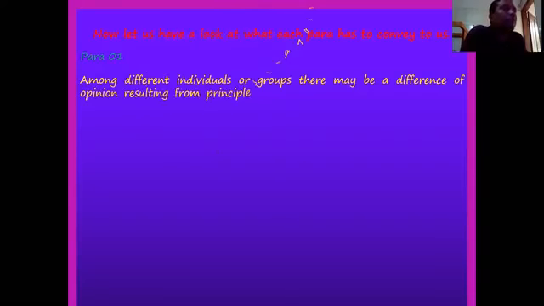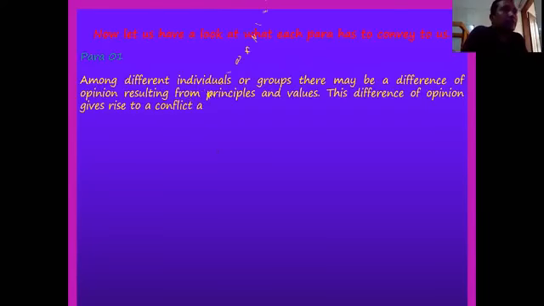In our first para, we see that among different individuals or groups, there may be a difference of opinion resulting from principles and values. This difference of opinion gives rise to a conflict among them. This we can learn from our para 1.